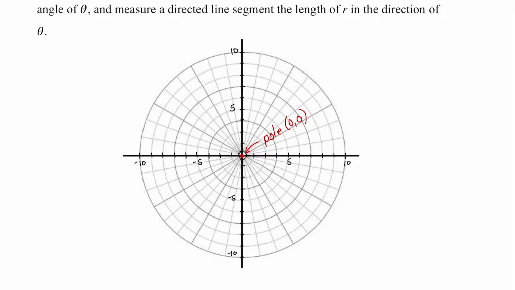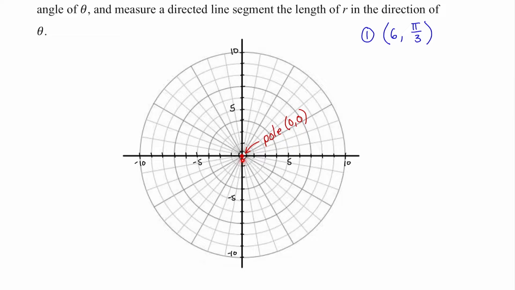Okay, so let's try an example. Let's plot the point 6, pi over 3. This is the polar coordinates. The first coordinate is r, which represents the length of the line segment starting from the pole. The pole is right here. If my r is positive, I go to the right.